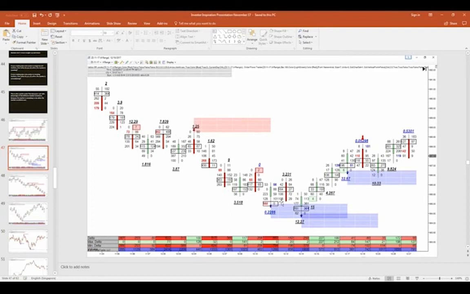But then if you hit a level where you see a lot of supportive buying coming in, you're going to want to lighten up on your position or get out or reverse, right? You're selling off, you're seeing a lot of resistance selling on the way down, you even got a signal with the order flow. Then you hit a level and you see strong supportive buying coming in the form of the order flow. You cut your position, you can get out of it, get long, and ride it on the way back up.